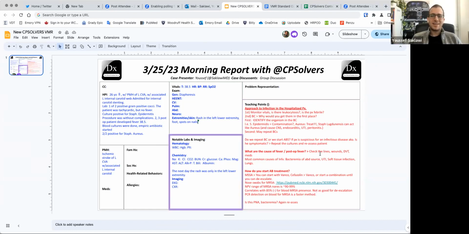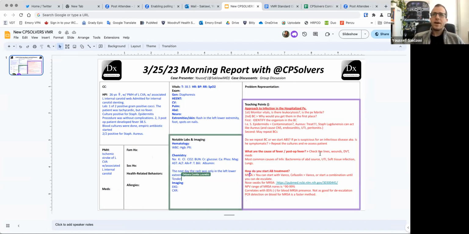Yeah, excellent. And that's what we were thinking as well, as in what was the site of the initial catheterization, and the wound site looked clean without any erythema or discharge, but there was tenderness around the wound.